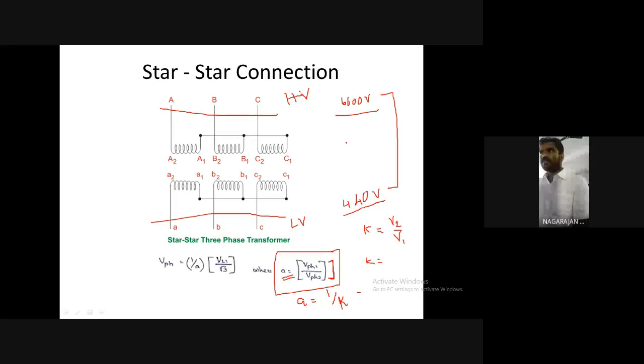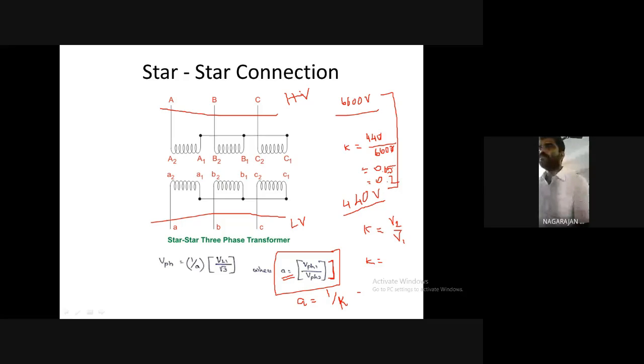So for this transformer, the transformation ratio must be K equal to 440 divided by 6,600. So looking at this diagram, we can identify the value of K. It must be, for example, 0.05, or for example, it may be 0.2.